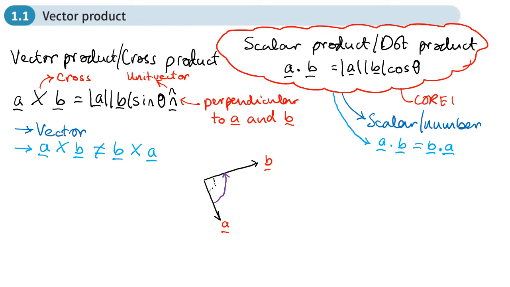So the direction of the angle matters. A cross B would be the angle measured from A to B, and the vector which is perpendicular to both of those would be a vector going this way. So this would be my normal vector and I'd make it a unit long.